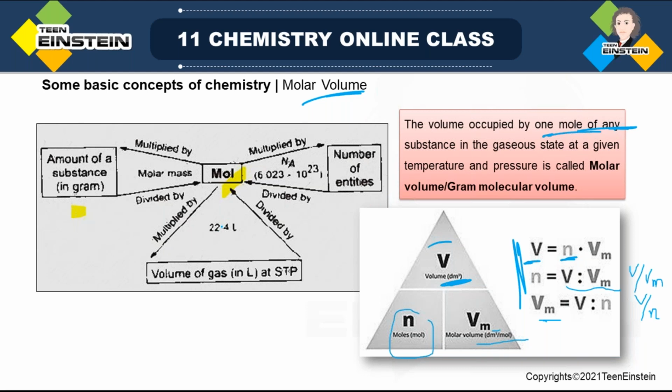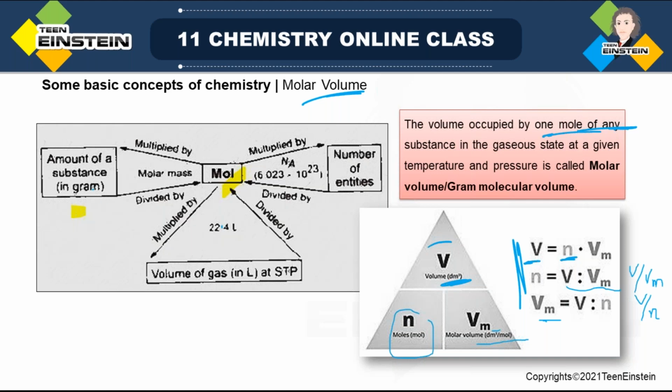Okay, so this relationship will be very helpful for you when you solve different types of problems, because from this single picture you can get the idea of how to convert from mole to number of entities on the right hand side, from mole to volume of gas, but it has to be under STP condition, and from moles to the amount of the substance in gram in a given sample, or in reverse, if the amount of any substance is given, with the help of molar mass. Obviously you should know the molar mass, otherwise you cannot calculate how many moles are present.